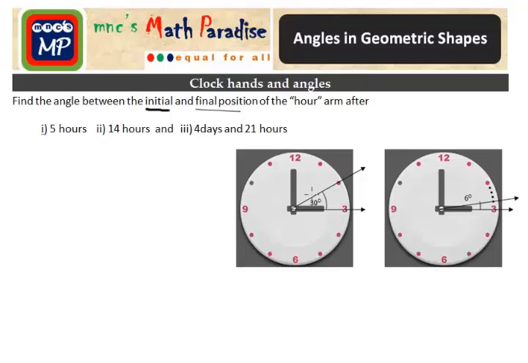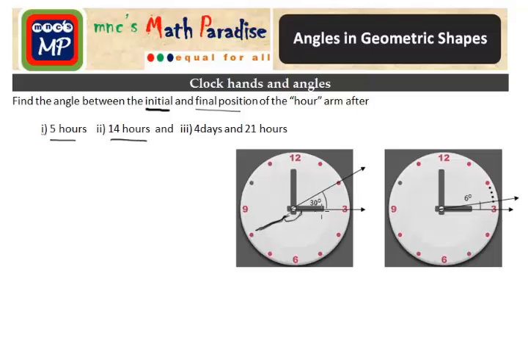So what we are asking in this question is that after 5 hours of time, that is if the hour arm starts from here, then 1, 2, 3, 4, 5. After 5 hours it will come here. So we are asking in this question what will be the angle between the initial and final position when an hour arm moves 5 hours or 14 hours.